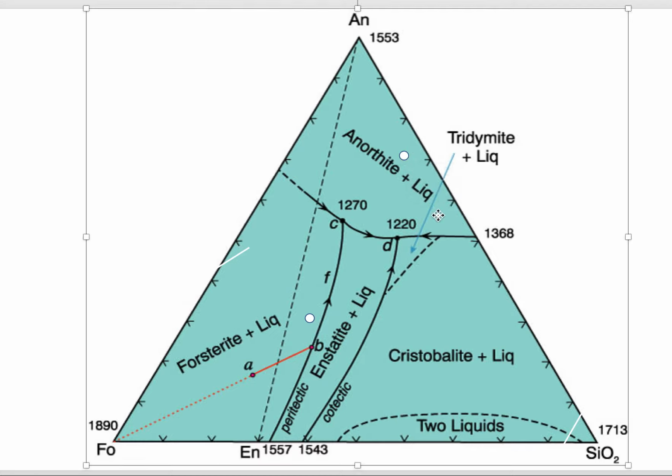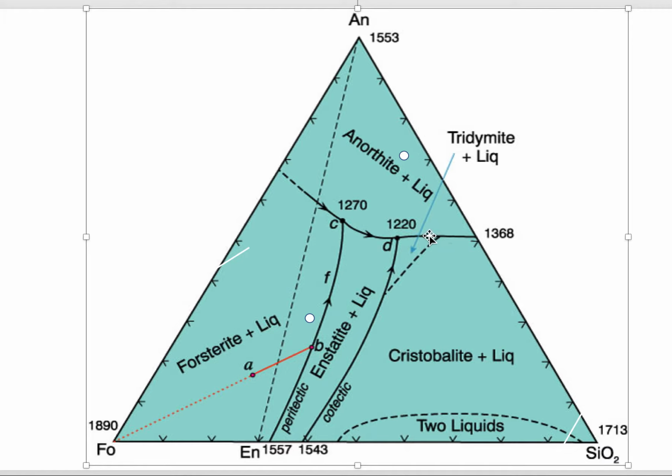So let's say we had this white dot over here. We're starting in the anorthite plus liquid field, and we would crystallize pure anorthite. The liquid would move away from that anorthite apex until it's saturated with cristobalite. Then the liquid would be saturated with both anorthite and cristobalite.